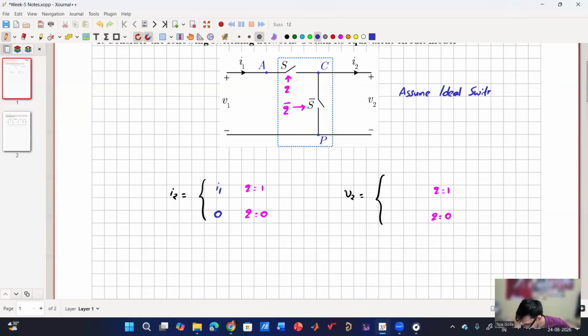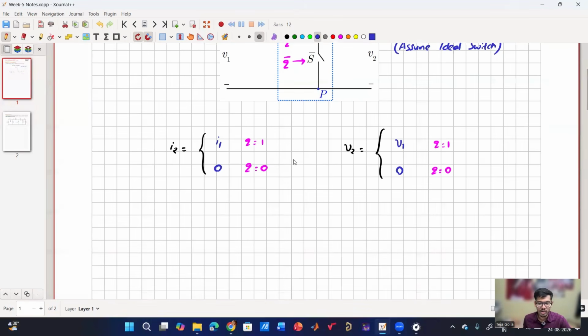Yes, very good, and thanks for pointing it out. So V2 equals V1, and 0 otherwise. Is this correct, or is there any mistake? Yes, it's correct.